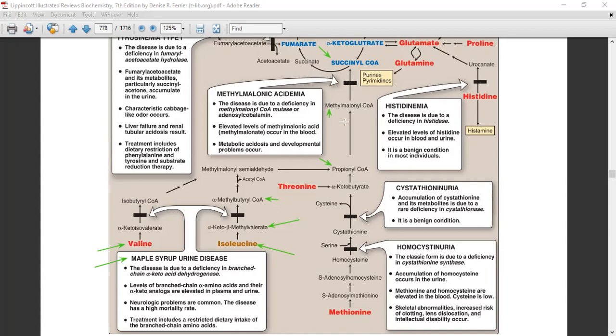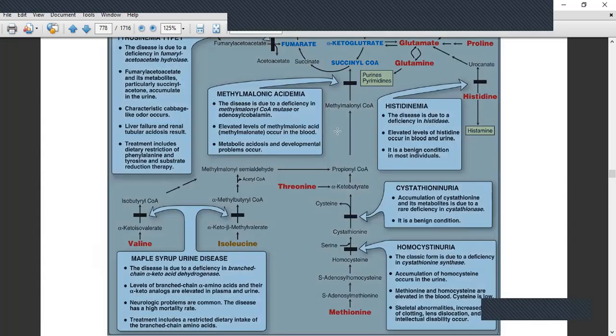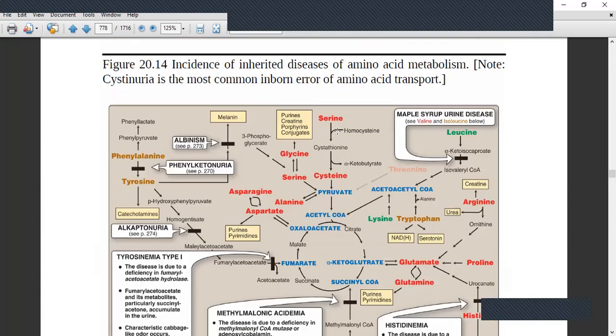So let me show you where leucine is. You see, if you also have deficiency of the branched chain alpha keto acid dehydrogenase, which will convert, in our case, the alpha keto isocaproate to isovaleryl CoA, you will have maple syrup urine disease.